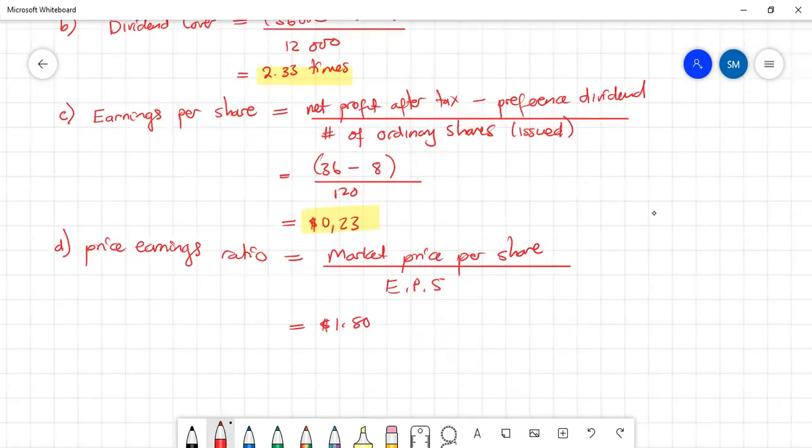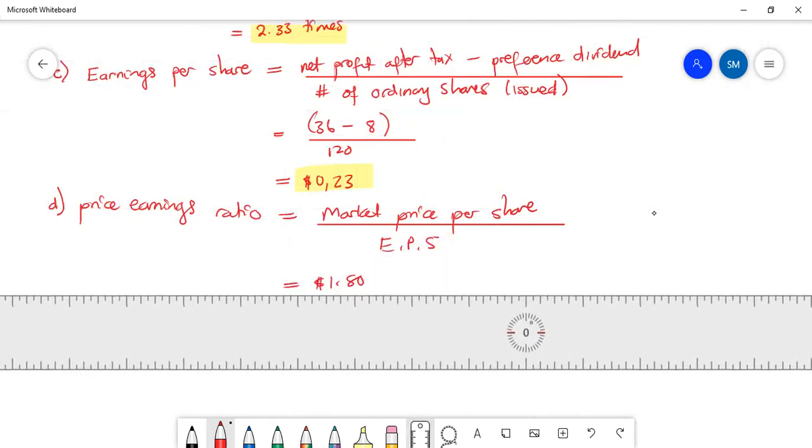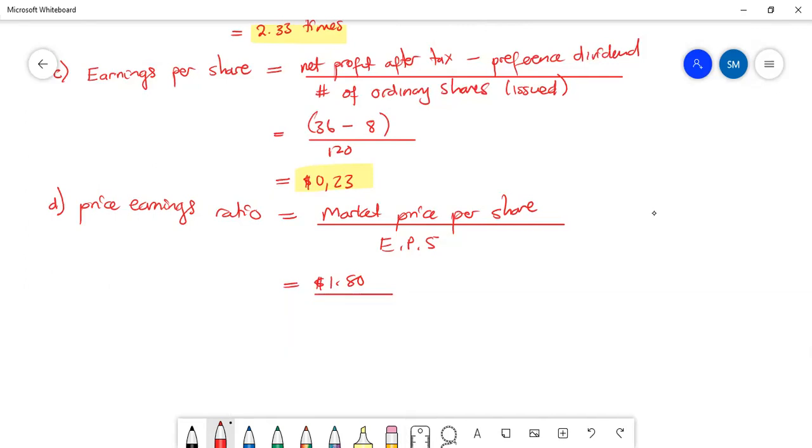It's $1.80 each divided by 23 cents. What do we get? I got 7.83.